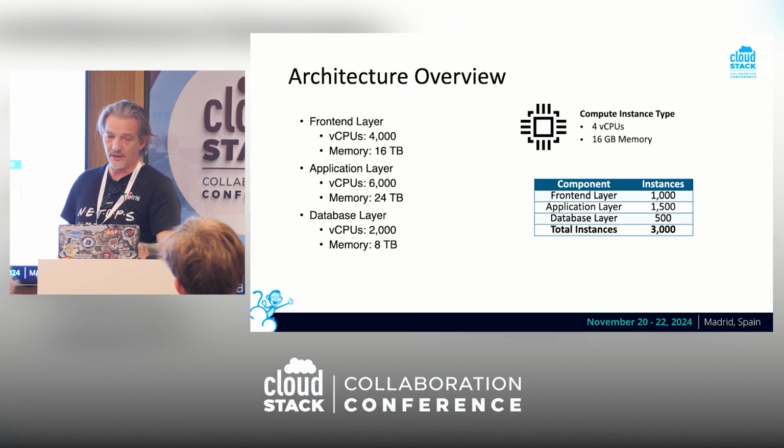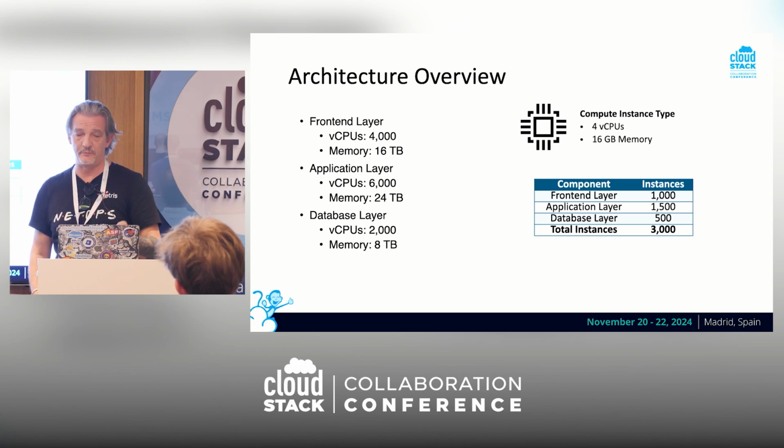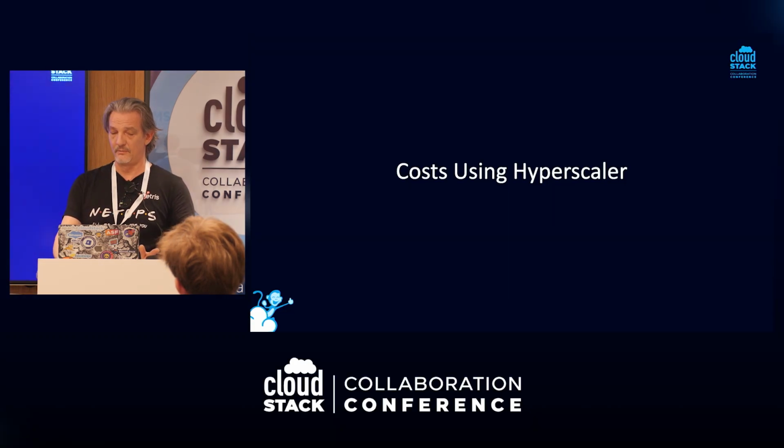In terms of architecture, the idea is to use this amount of resources for each layer, using the same computing instance type with 4 vCPU and 16 gigabytes of memory. The total in that case for all layers is 3,000 instances, to calculate these costs using both.